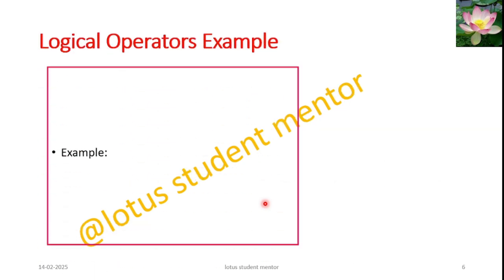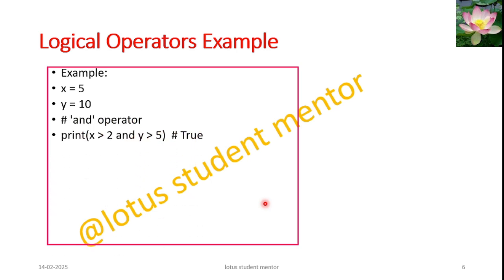Coming to the example of logical operators, we have x equal to 5. The variable x is assigned the integer value 5, and the variable y is assigned the value 10. Using the AND operator, print x is greater than 2 and y is greater than 5.